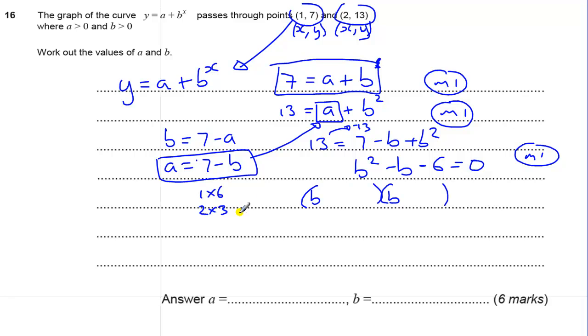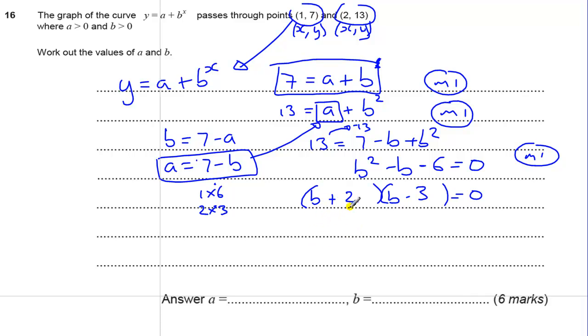It's minus 6, so one of them's got to be negative, and we've got a minus b, so that means the bigger of the two numbers is negative, so it's either 1 times minus 6 or 2 times minus 3. And which one, when we add, gives us minus 1b? 1 plus minus 6 is going to give us minus 5, which is too big, so 2 plus minus 3 is going to give us the right answer, so we have plus 2 and minus 3, and that equals 0.